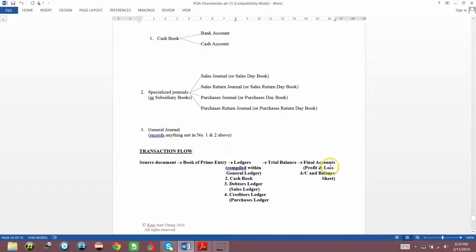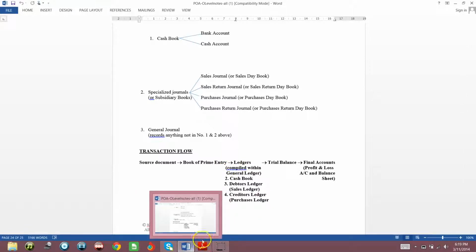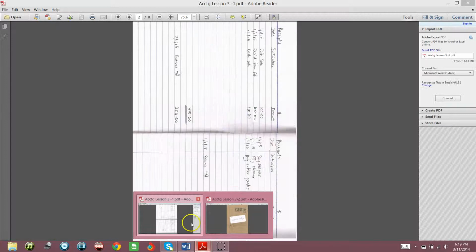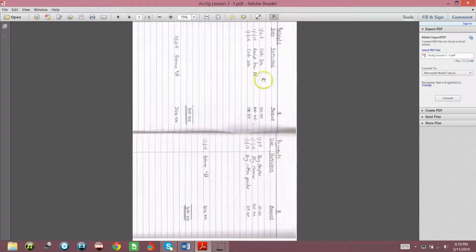You can straight away draft your profit and loss account and balance sheet from a book of prime entry. But if your business gets bigger, that means things are more complicated. So how are you going to do your profit and loss account and balance sheet from your book of prime entry when your business gets bigger?